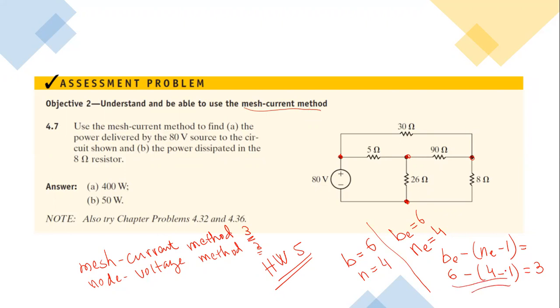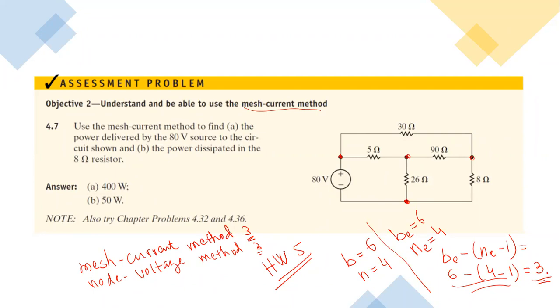The first step is to check if this circuit is planar or non-planar. Is it planar or non-planar? Planar, because it is drawn on a plane and we don't see any lines crossing each other. Okay, it's planar.